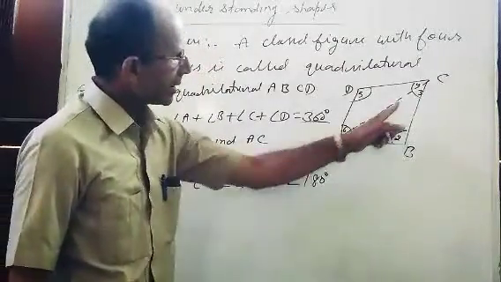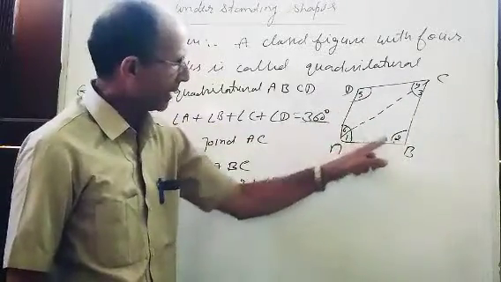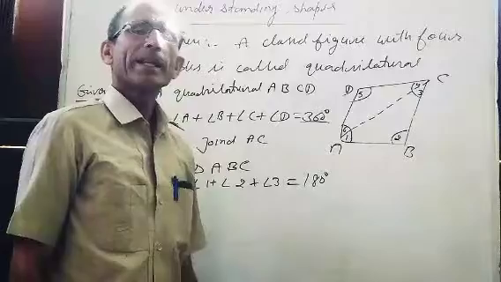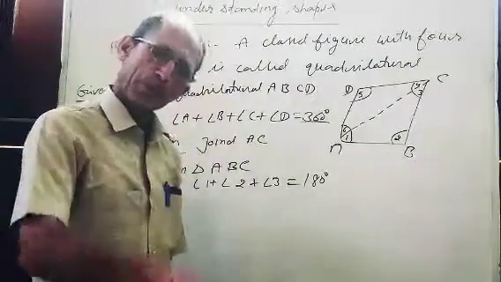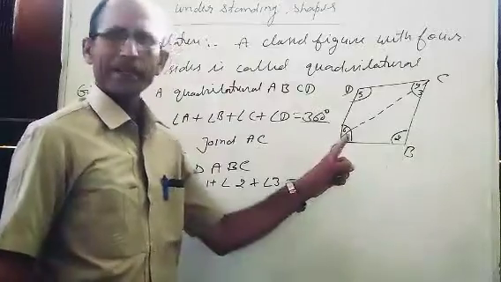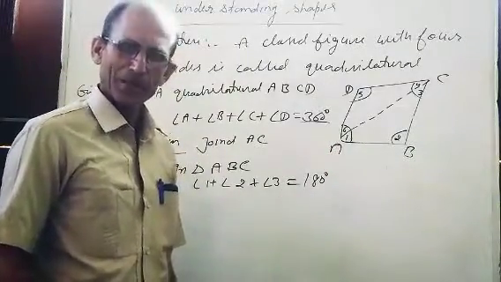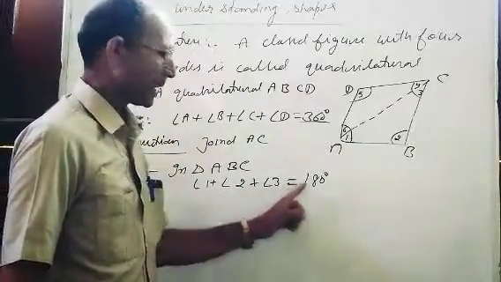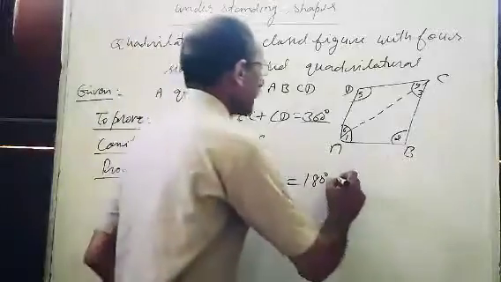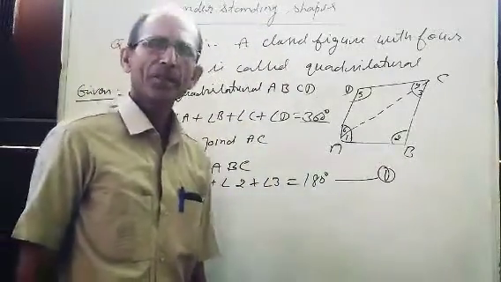Why? Because this is a triangle, and angle 1, angle 2, angle 3 are the interior angles of a triangle, and this is the property you proved already in class 7. The sum of the angles of a triangle is 180 degrees. Have you understood? So angle 1 plus angle 2 plus angle 3 is equal to 180 degrees. This is equation 1.